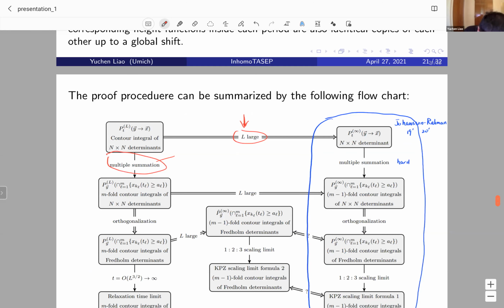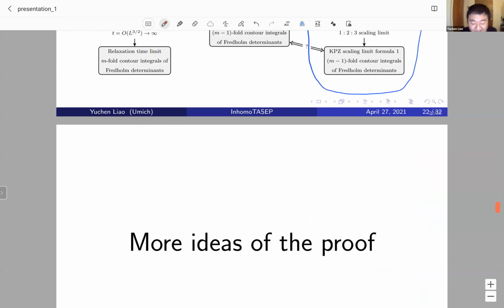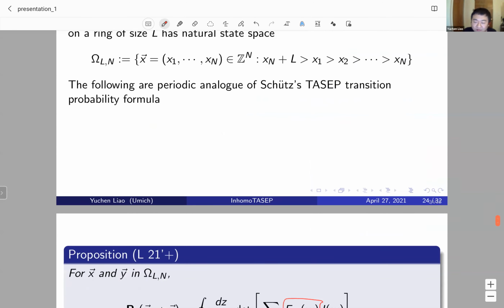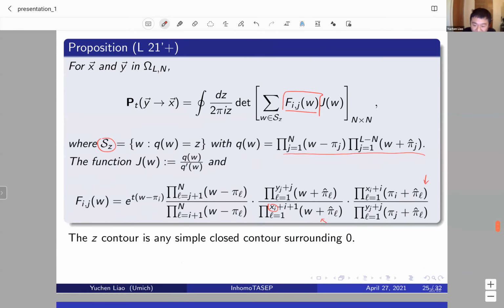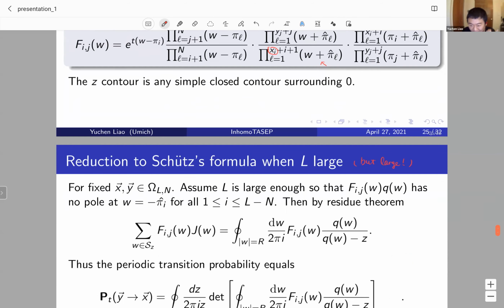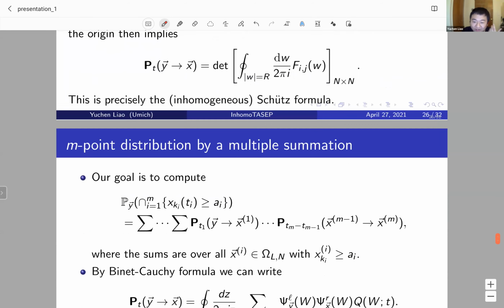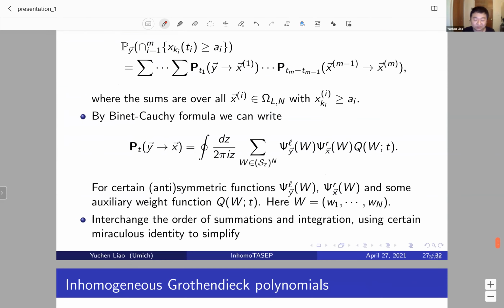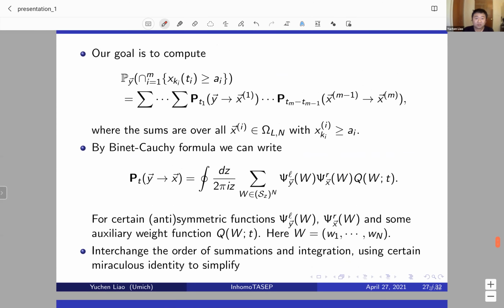What's maybe more interesting to me is how this multiple summation works for this periodic case. As I said, it's easier than the full space case because there is no ordering. So you can organize the sum, exchange the order of the sum in any way you like, essentially. So precisely how this works.